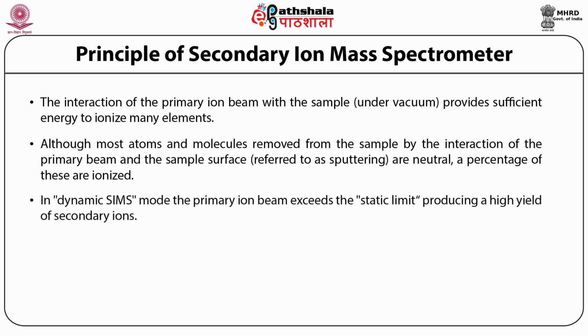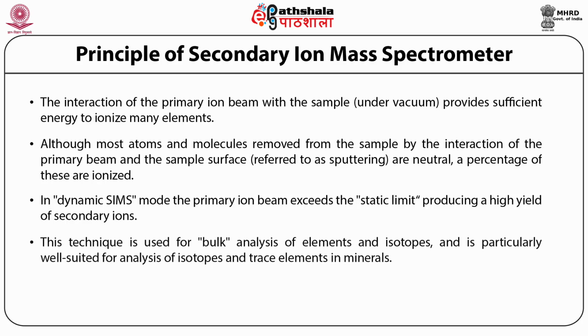In dynamic SIMS mode, the primary ion beam exceeds the static limit, producing a high yield of secondary ions. This technique is used for bulk analysis of elements and isotopes, and is particularly well suited for analysis of isotopes and trace elements in minerals.